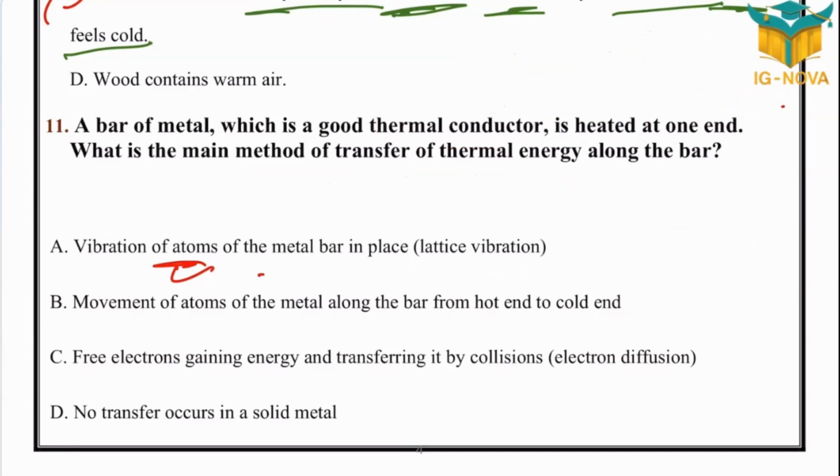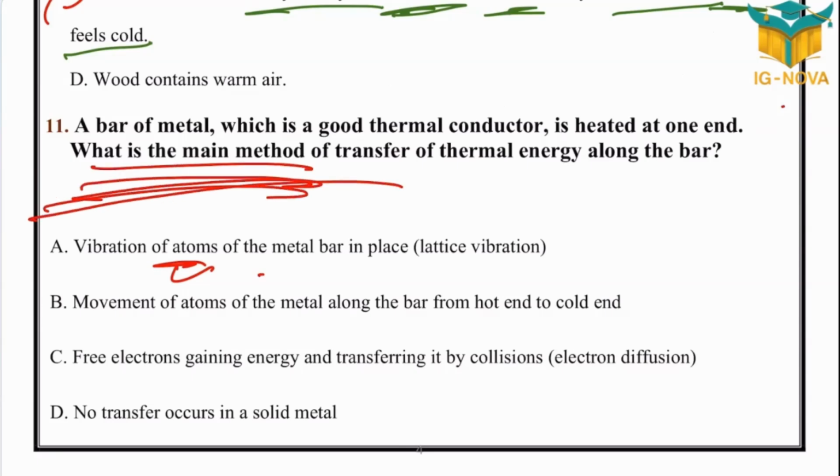But I need you to focus on one thing: he told you here, what is the main method. Vibration happens, yes, but heat is not mainly transferred by vibration. Movement of atoms, no. Particles can vibrate but cannot change their place in solids.